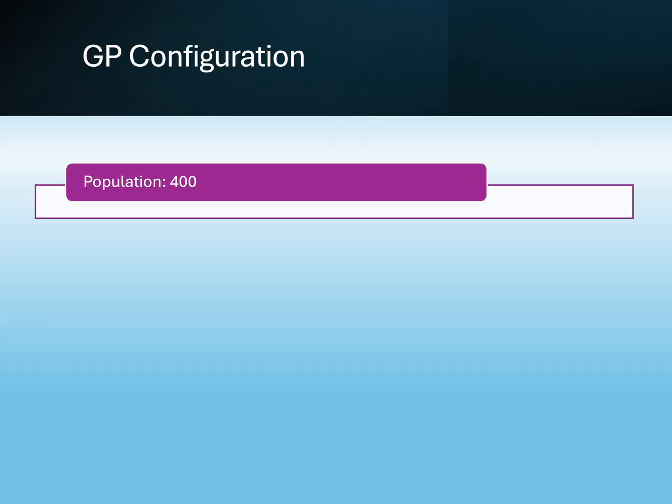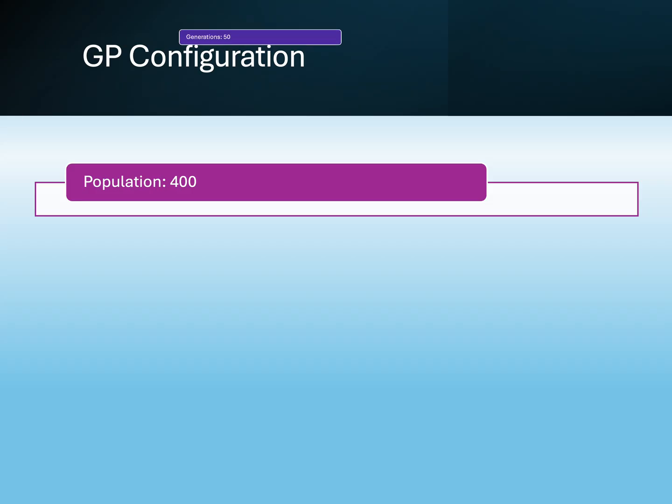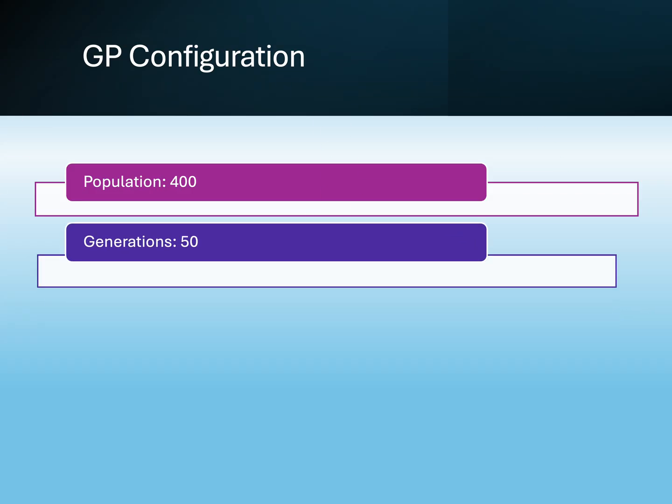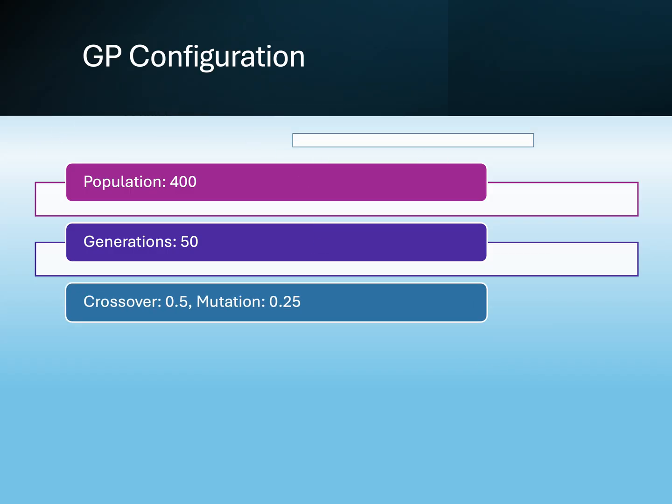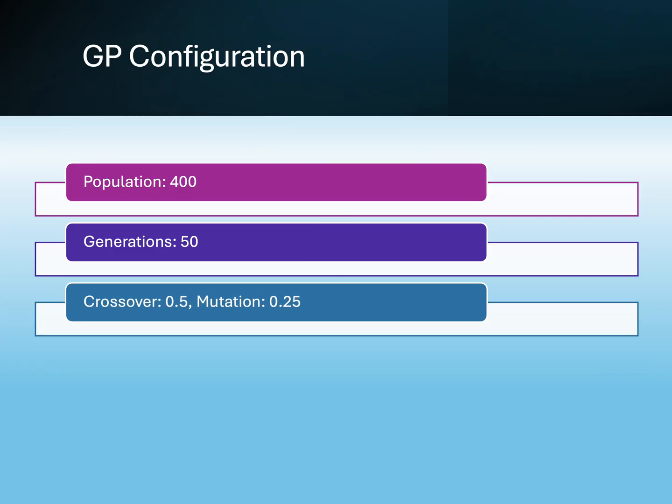So now, let us talk about the genetic programming setup that I used. I used a population size of 400 individuals and ran the evolution for 50 generations. The crossover probability was 0.5, meaning half the population mixes expressions. The mutation probability was 0.25, which helps maintain diversity.